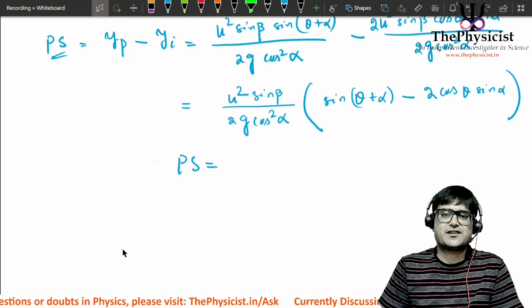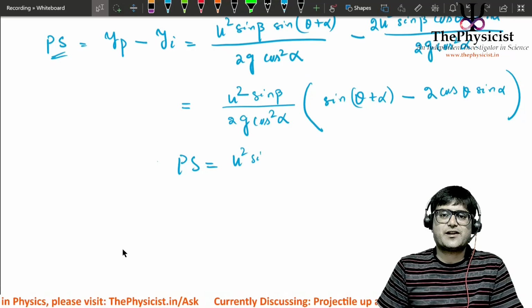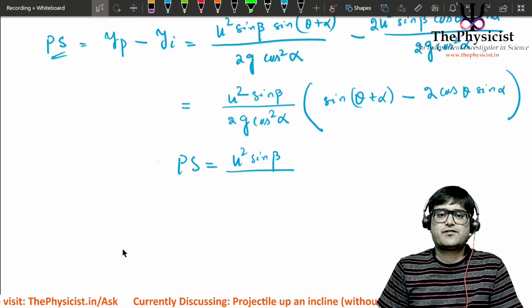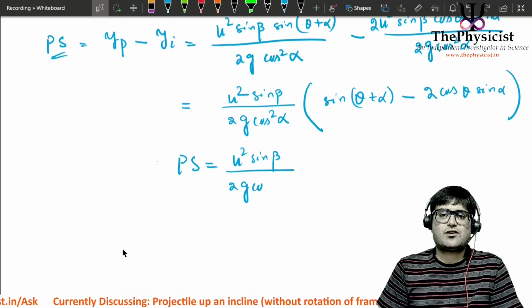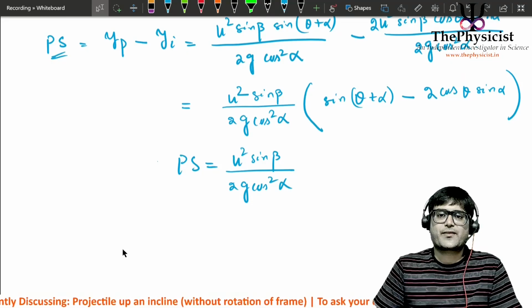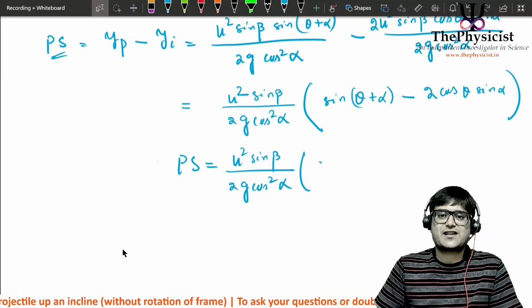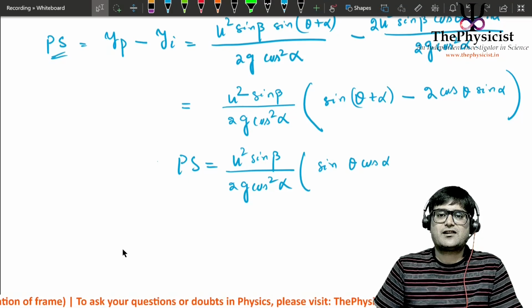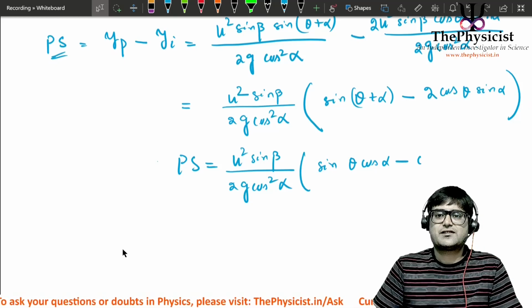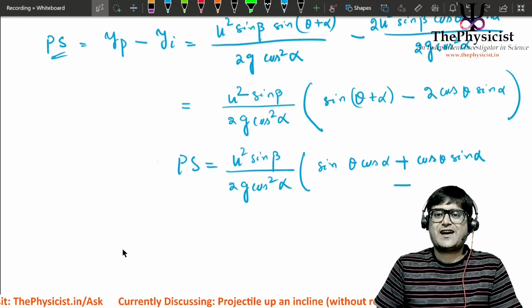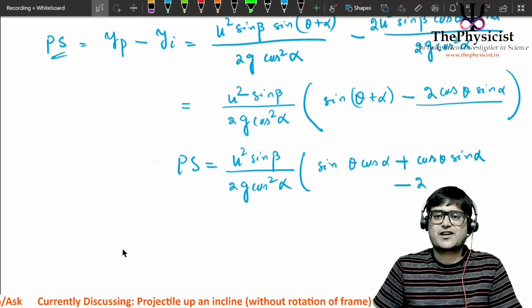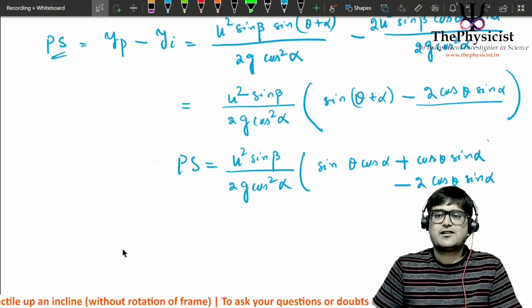In the next step, PS is equal to u squared sine beta divided by 2g cos squared alpha. But sine theta plus alpha is sine theta cos alpha plus cos theta sine alpha. But then I also have minus 2 cos theta sine alpha.